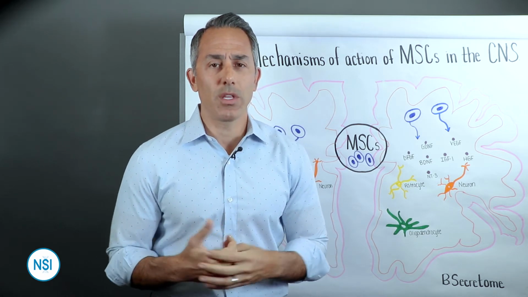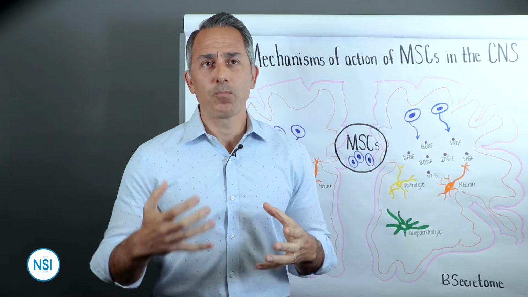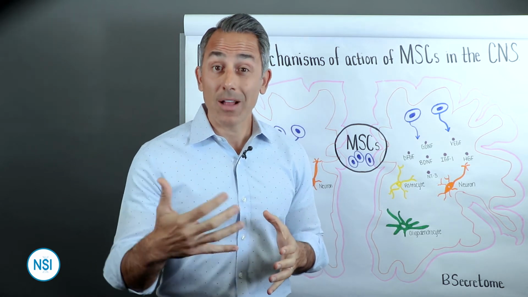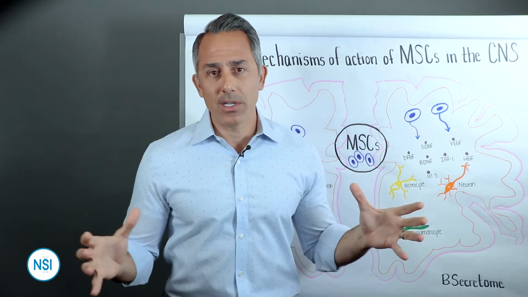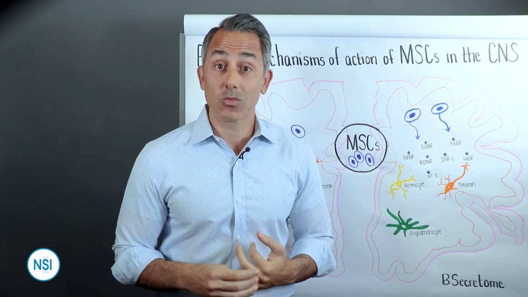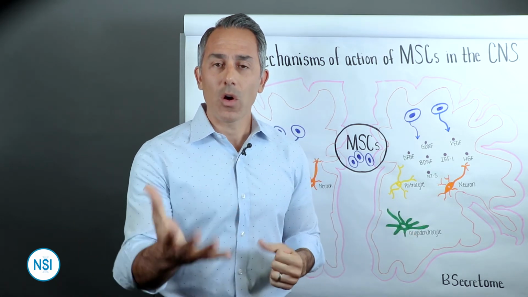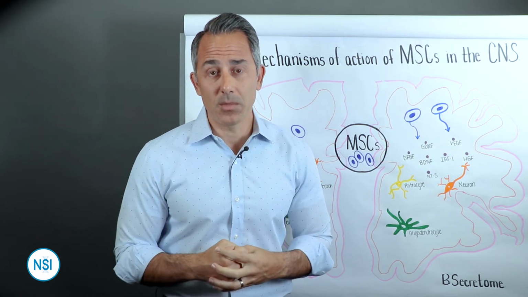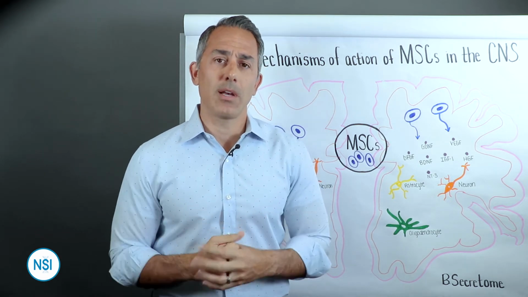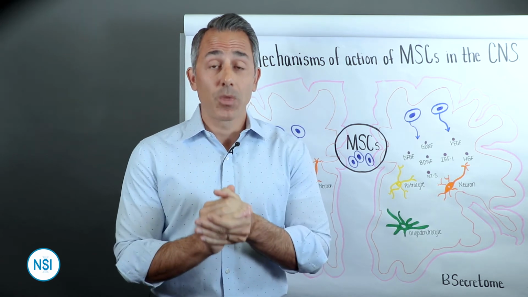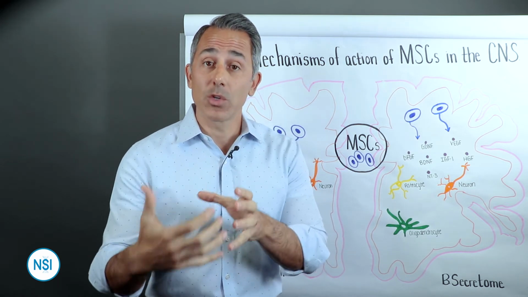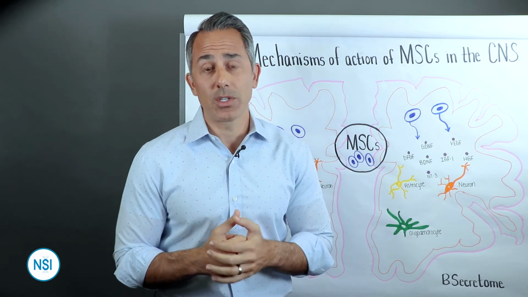What we do here in the office is utilize primarily autologous stem cells for this condition, because the body of evidence worldwide suggests that that's the best resource. We harvest stem cells from the individual themselves, and we have multiple places that we can harvest from. Once we have our population of stem cells, our job is to deliver them on your behalf to the area of damage or dysfunction.